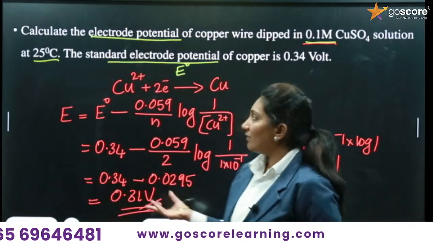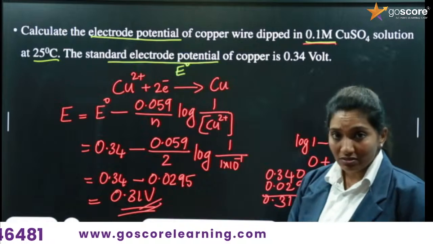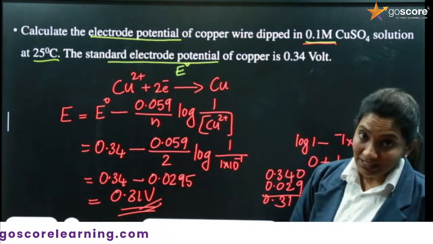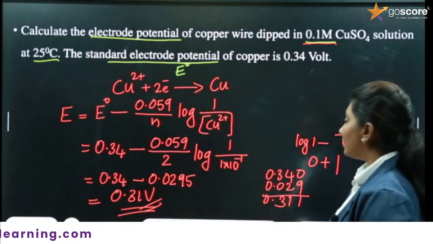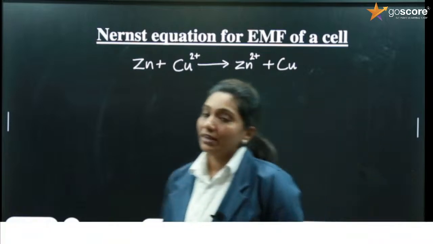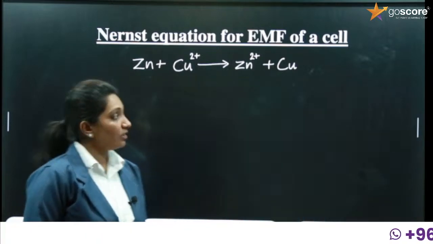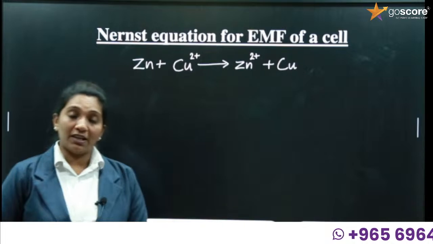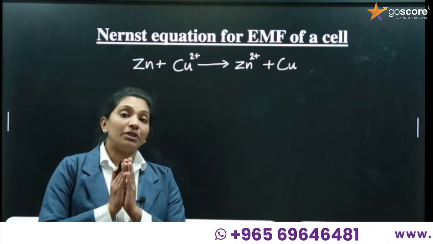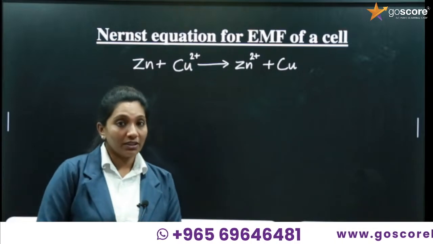Okay. So this is the way we can simply, if you know the Nernst equation for the metal electrode and if you understood the question, you can easily get the marks by applying the equation and substituting values. Okay. Now let's see the Nernst equation for the EMF of the cell. We have discussed how we find the electrode potential of a particular electrode using the Nernst equation.